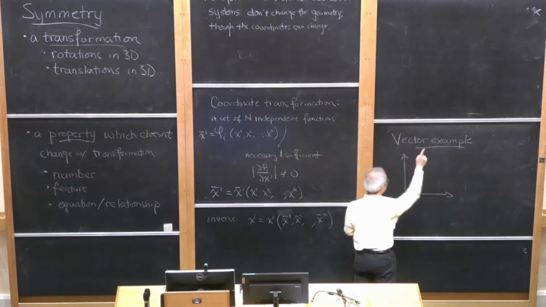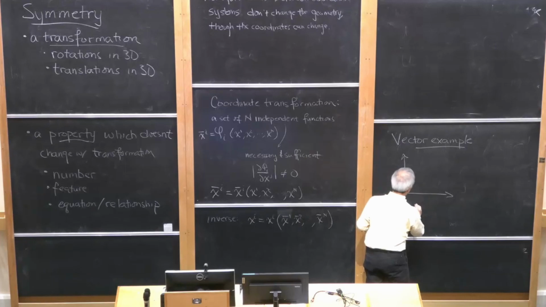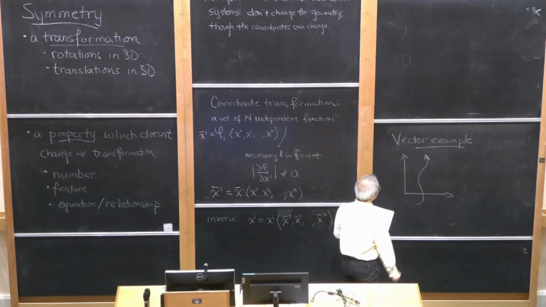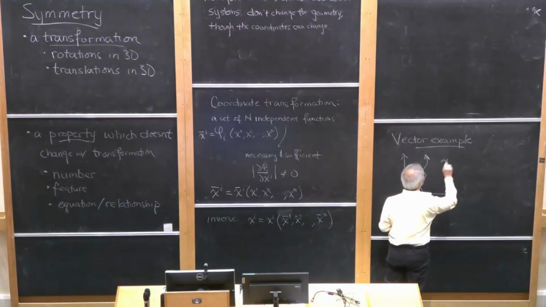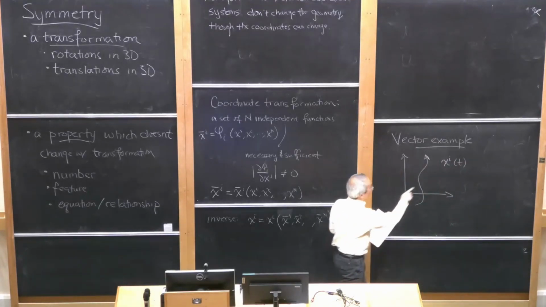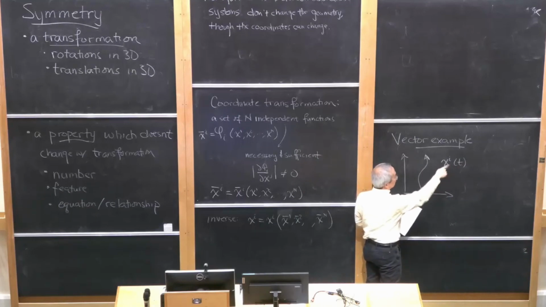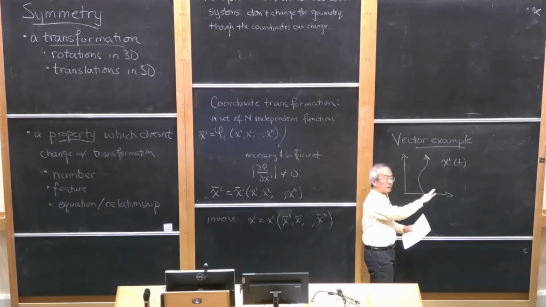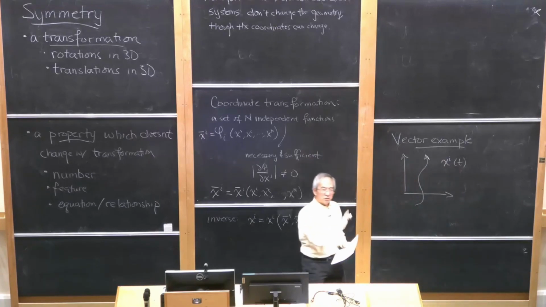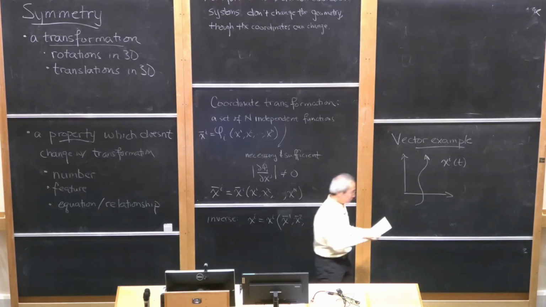you have a set of points, which we will call xi of t. When I say xi, we are actually talking about all the coordinates. And now they're going to be a function of some parameter, which we happen to call t, okay?